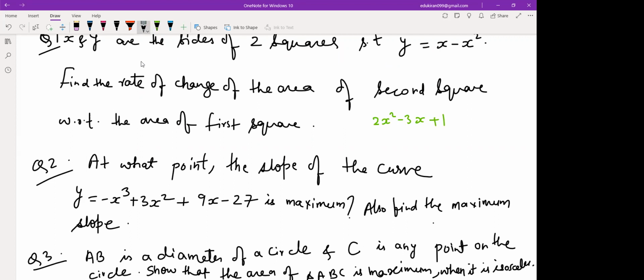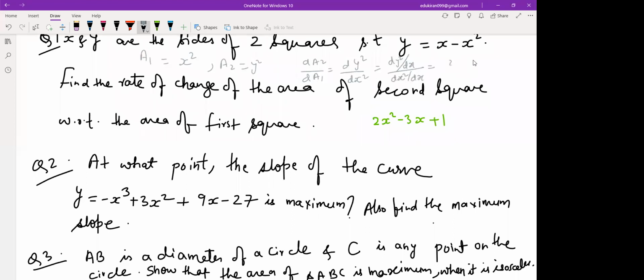So the area of the first one is x square and the area of the second one is y square, right? And then you are doing d of A2 by d of A1, so d of y square by d of x square. So d of y square with respect to dx, and d of x square with respect to x.